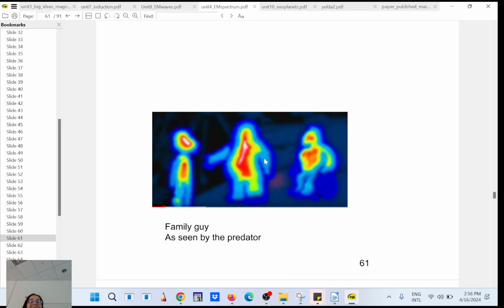So of course that's what the alien will see, right? That will be Peter, I guess. Then in the movie, what he does is cover himself with mud, so the infrared will not be produced, to block the infrared, so he will go invisible for the predator, for the alien. Is that interesting? I guess they took physics, right?